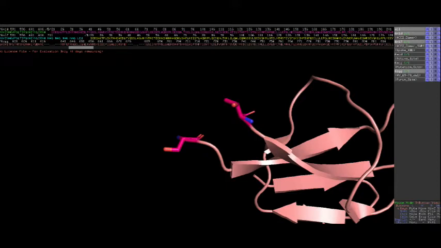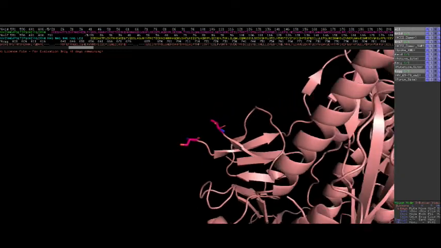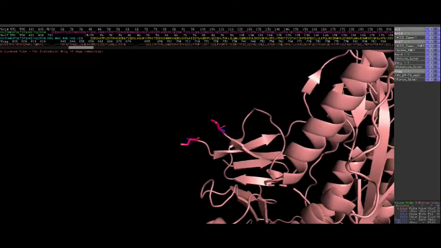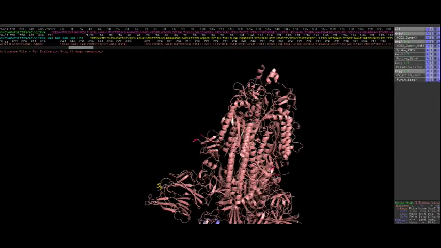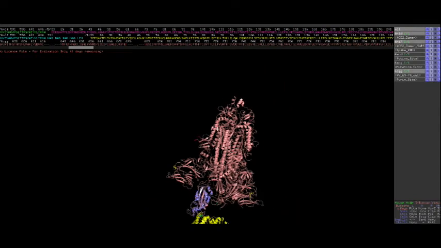But there would be a loop going between here, and that is where another enzyme, a human enzyme on the surface of the human cell, would come and cut it. And then the top of this protein would sort of come off.